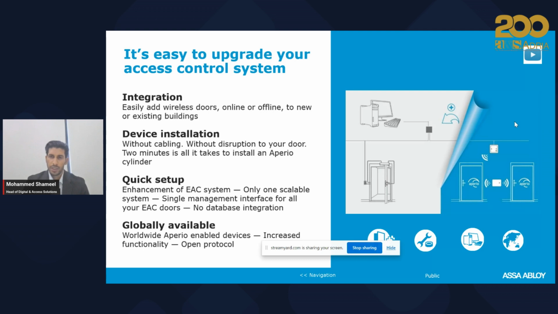These could be just fixed on the door and have wireless communication with a communication hub, which in turn communicates back to the access control software. It's quite a quick setup, so you can have one access control system managing both wired access as well as wireless access control.